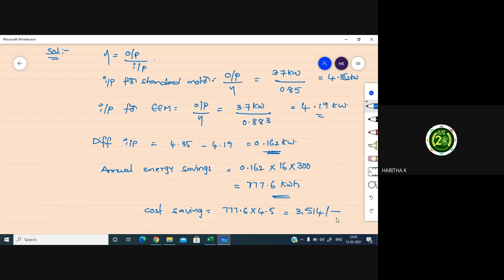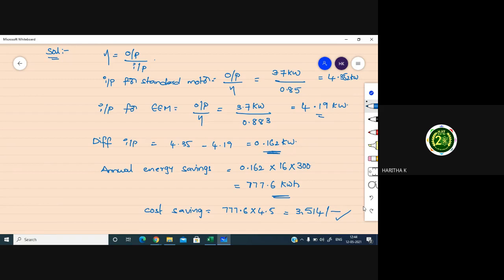But if you see the cost saving per year, that is 3,000 rupees, you can see. If the motor lifespan is 20 years, how much amount of money you can save, you can think it. So that's why we have to use the energy efficient motors rather than the standard motors.